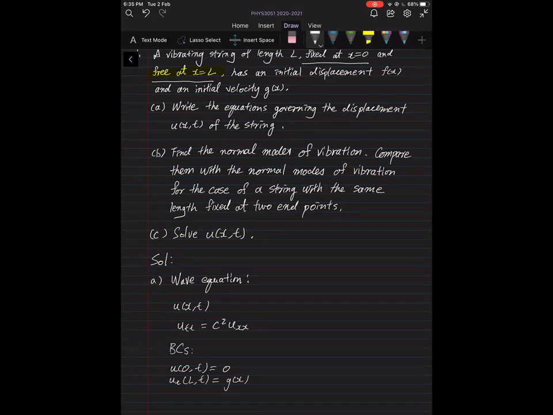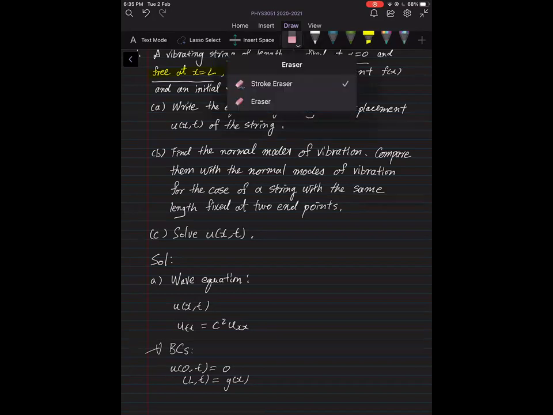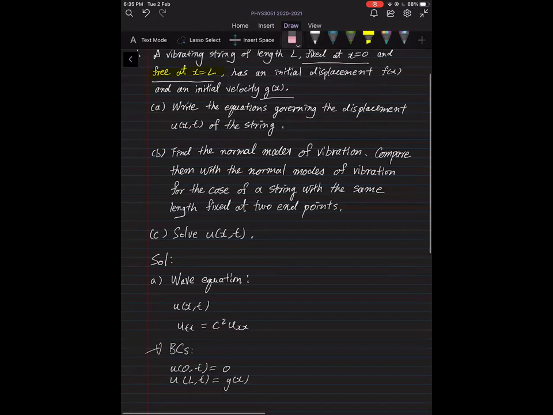But now I'm talking about the boundary condition. But the g(x), oh, here is the initial condition. Then that is u(L,t) equals f(x).